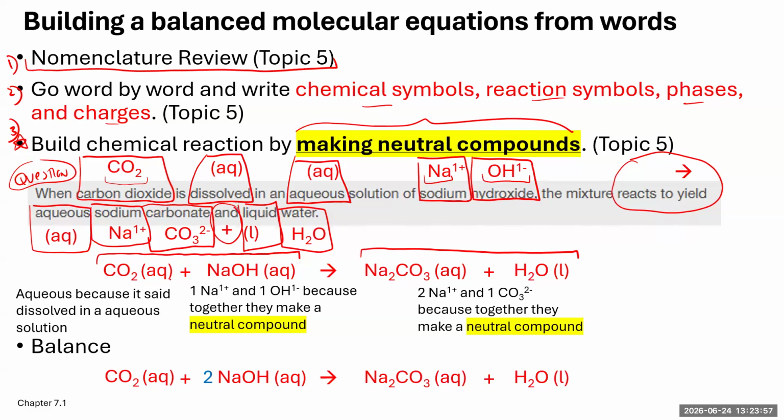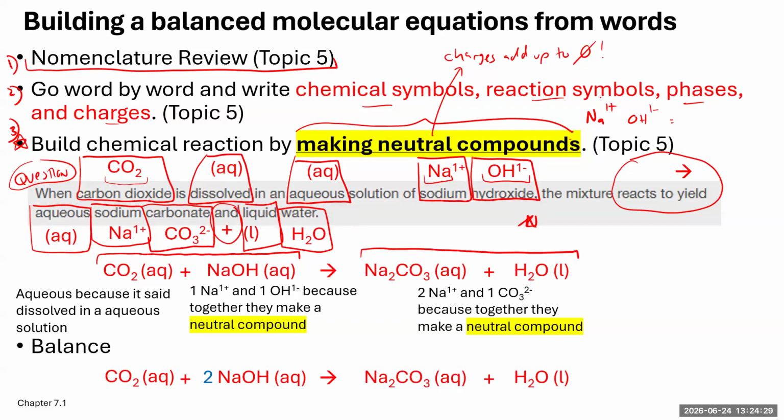Now let's look here. CO2 aqueous is dissolved in this sodium hydroxide. Now, the neutral compounds is the start of this. Neutral, you cannot do this without neutral compounds. So if we have a sodium 1 plus and a hydroxide 1 minus, neutral compounds mean charges add up to 0.